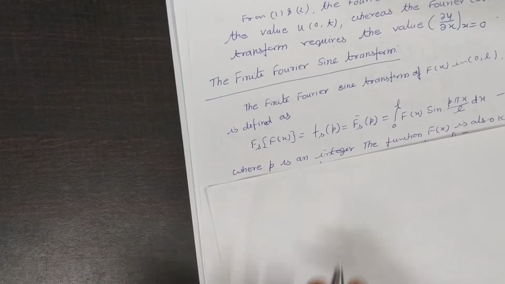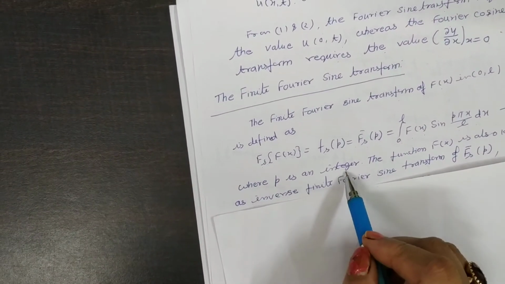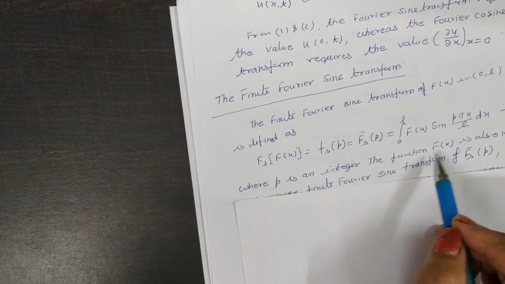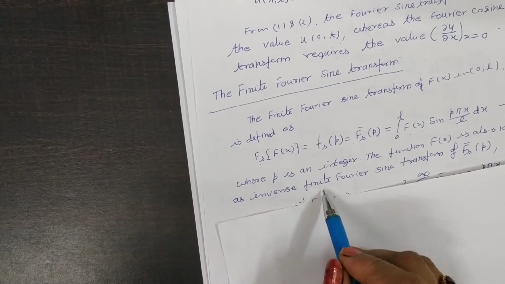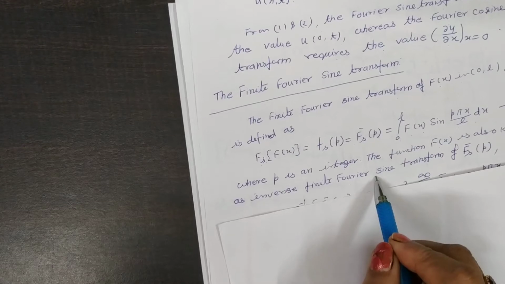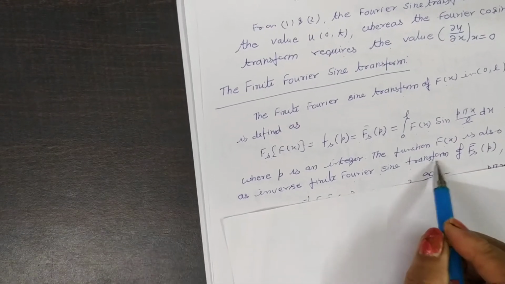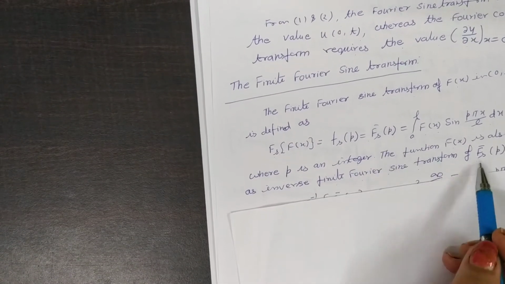Here p is an integer, and the function f(x) is also known as the inverse finite Fourier sine transform of f̄_s(p). That is, the inverse sine transform of f̄_s(p) gives the function of x, defined as F_s inverse of f̄_s(p).